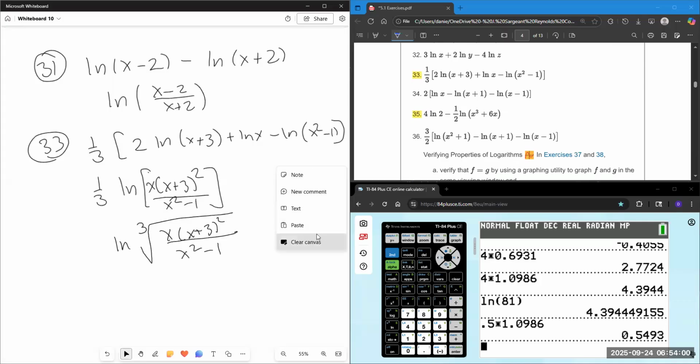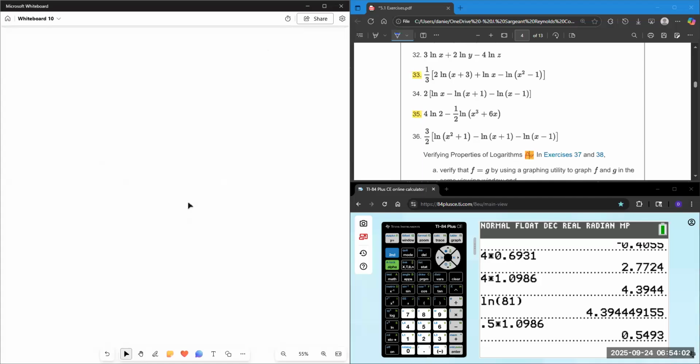Let's look at number 35. For 4 ln of 2 minus 1/2 ln of x cubed plus 6x. So we have 4 ln of 2 is ln of 2 to the 4th, which is 16, minus ln of the square root of x cubed plus 6x.